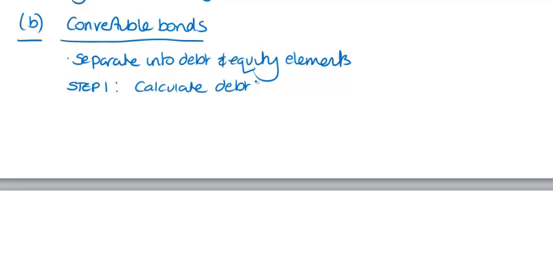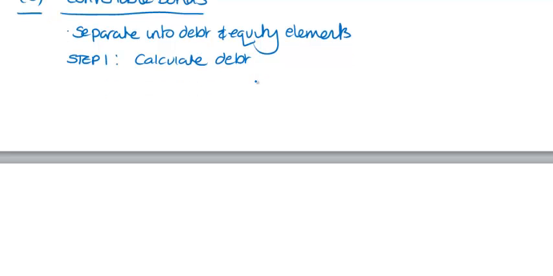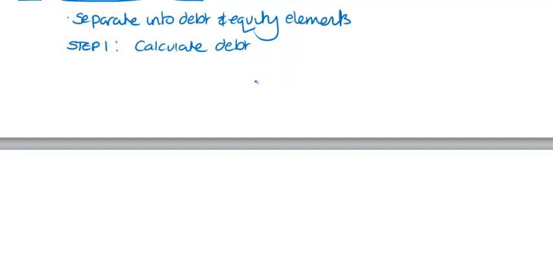The coupon rate is 6%, but a similar rate for a non-convertible bond is 9%. So what we're going to have is year 1. 100 million times 6%, so it's 6 million discounted at 9%.